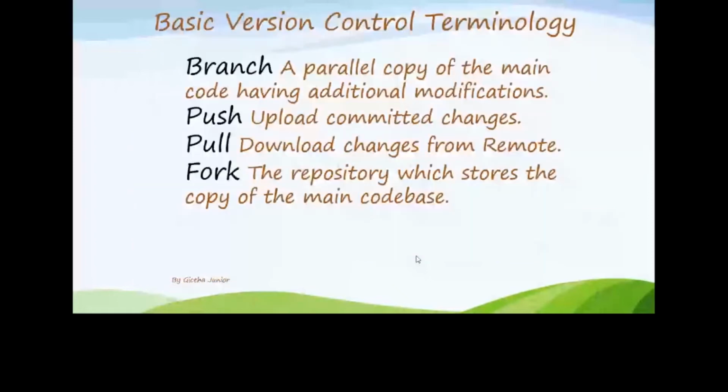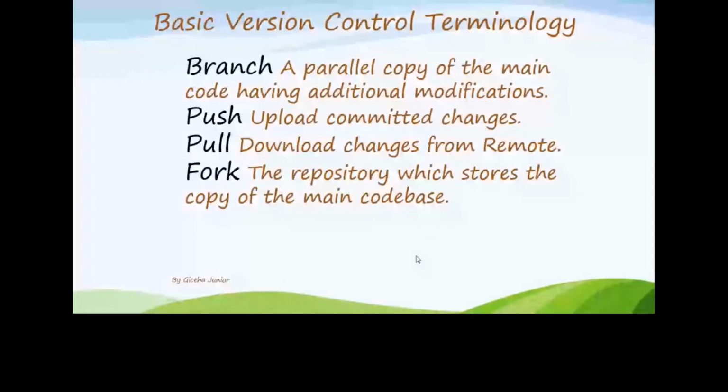We have basic version control terminology. In GitHub, we will basically use all this kind of terminology. We have branch, which I explained earlier: a parallel copy of the main code having additional modifications.